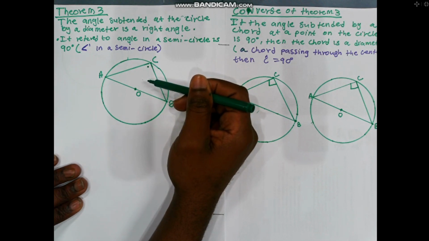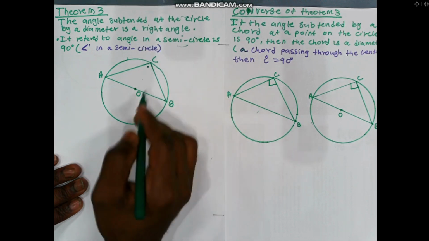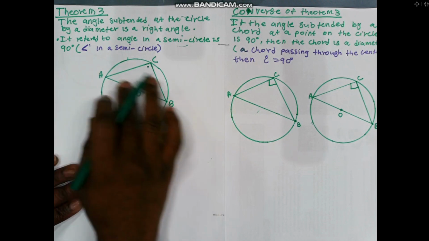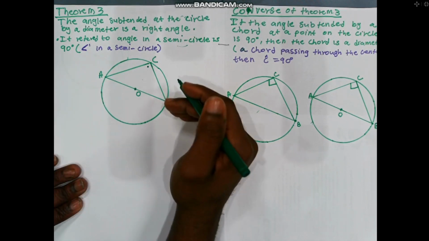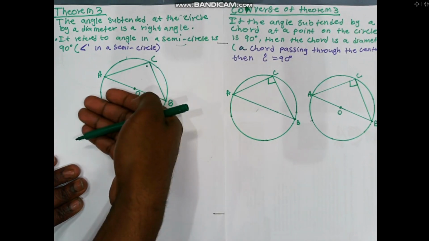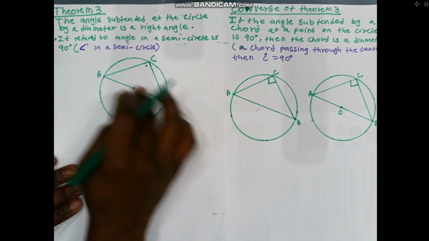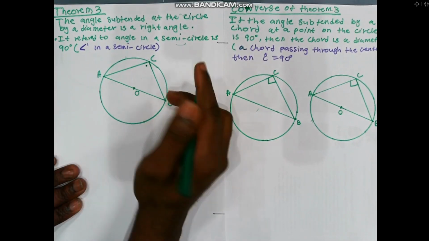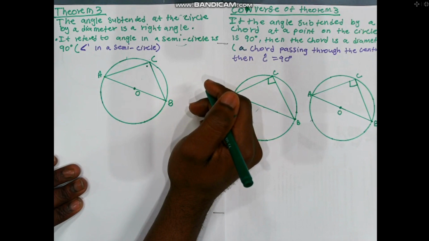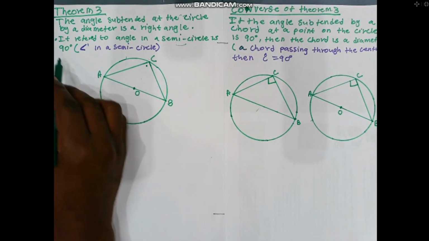So the reason is that it is called an angle in a semicircle. Why semicircle? Because the diameter is where it cuts the circle at half. So this is part of the circle and that is part of the circle. Semi means cut at the equal, the diameter cuts your circle in the middle. So the angle at the semicircle is 90 degrees.